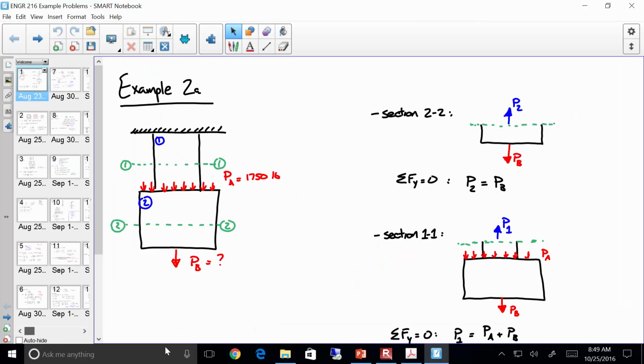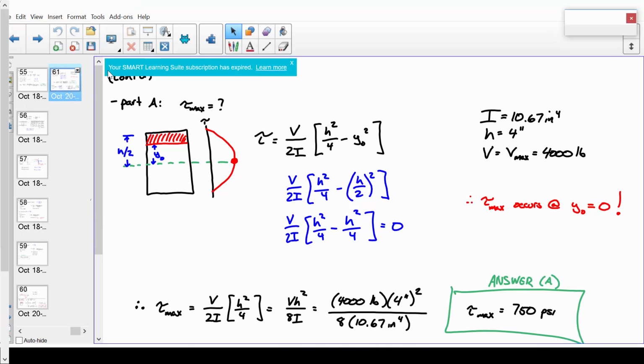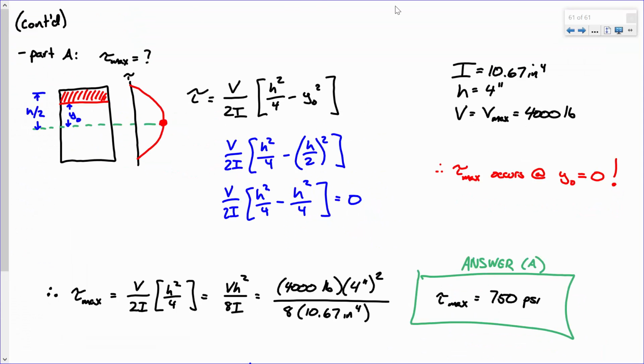Okay. 61 pages. All right. Now, I changed the pen, I think, since last time, so it looks a little thinner. So you all let me know if you can't read it. So we're on example, what number is this? 25. We are trucking.